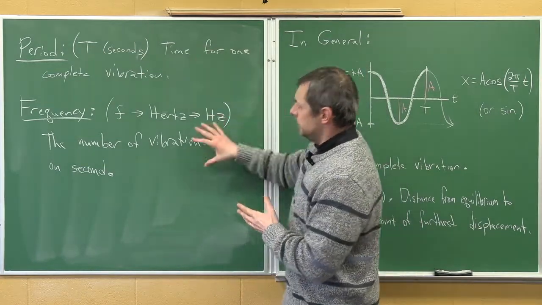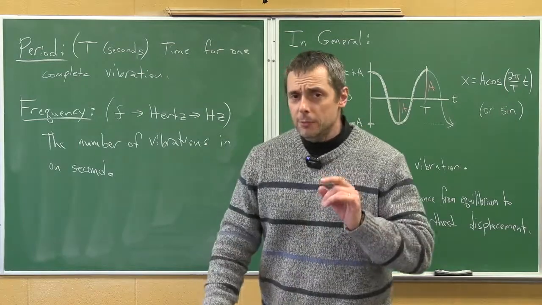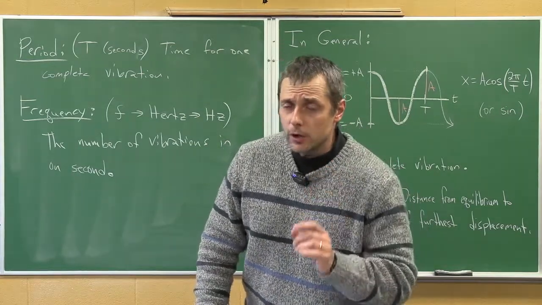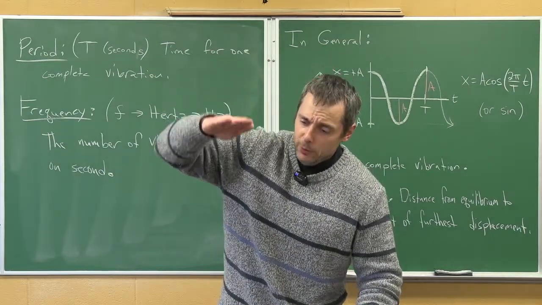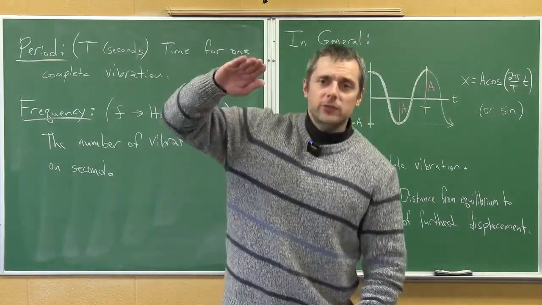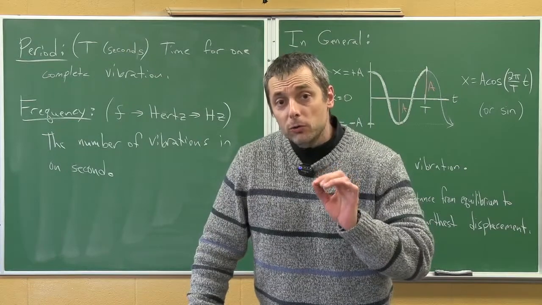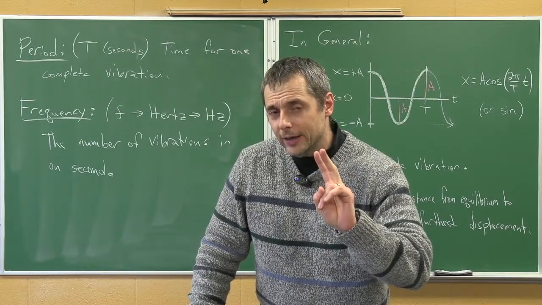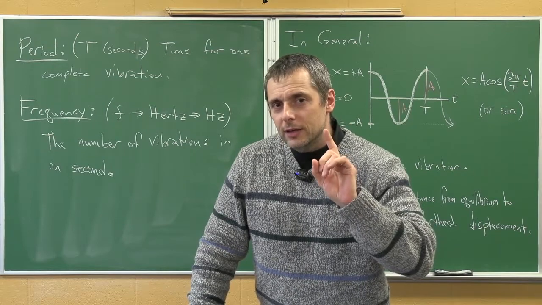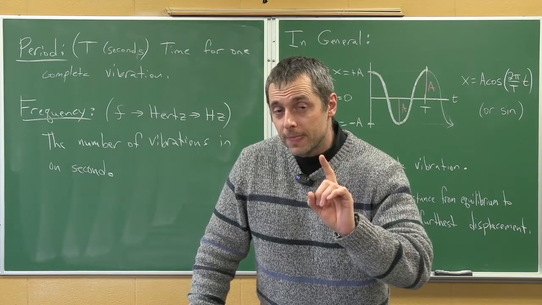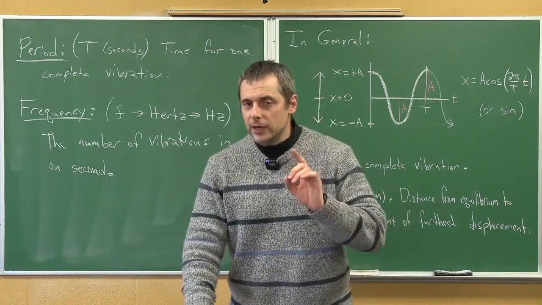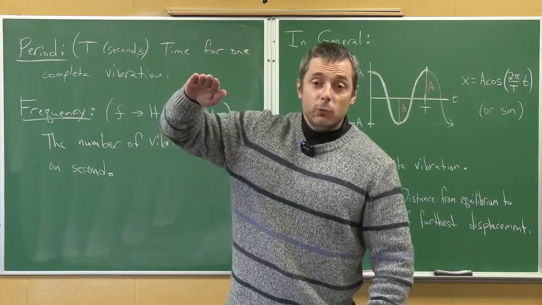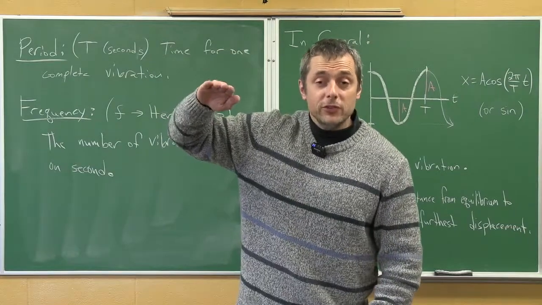But there's a relationship between these two. Think about this. If I told you something had a frequency of 2 hertz, in other words, in 1 second it went twice, then how long does it take for just 1 vibration? What's the vibrational period? You may have seen it, it's 0.5 seconds. If that's 1 second, then just one of them is half of a second.